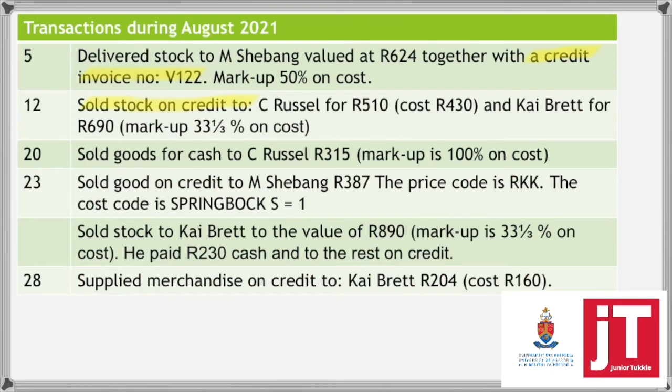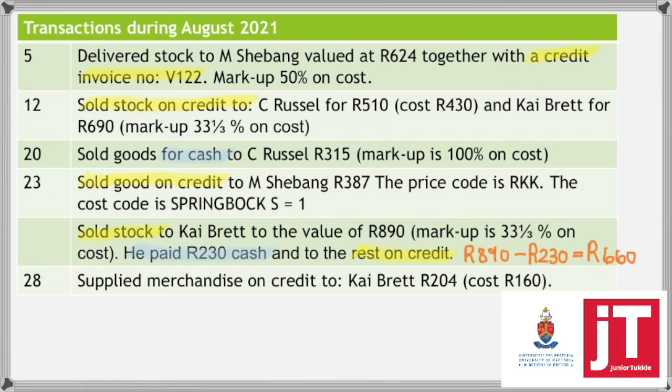Day 20. Sold goods for cash. Now if it's cash, it does not belong in the debtors journal. It will go into the CRJ. Then the next one, day 23, goods on credit. So debtors journal. Second one on day 23, there's a bit of a catch because it says sold stock to Kai Brett to the value of 890, but he paid 230 cash and the rest is on credit.